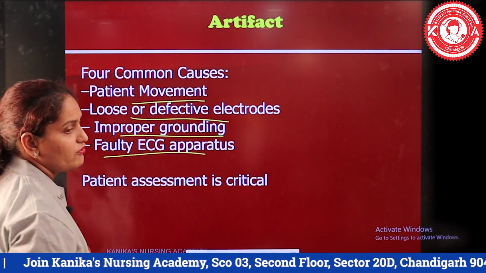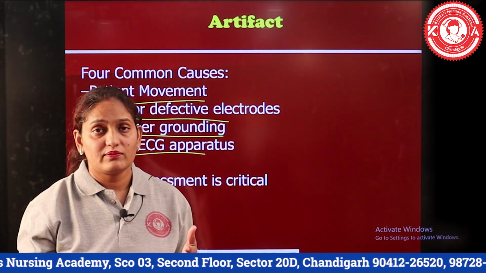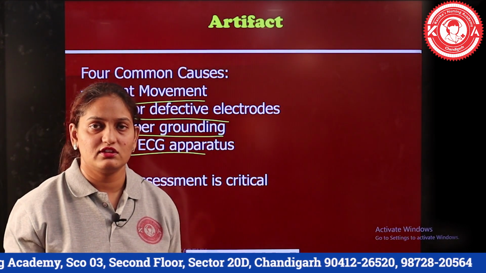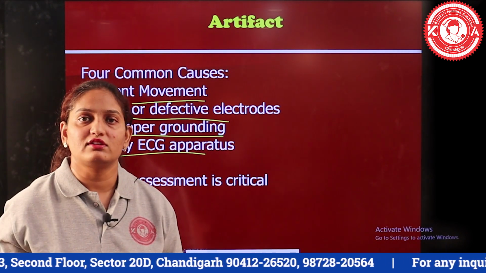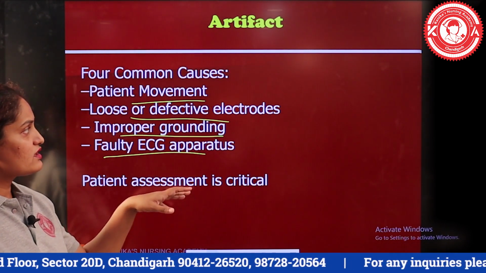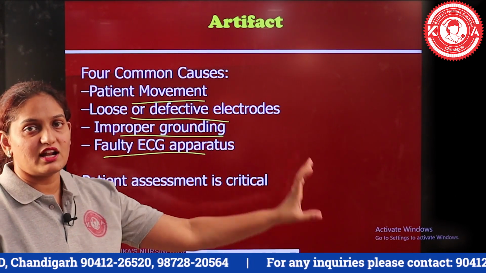And finally, suppose everything is working well: we have cleaned the area for getting the ECG, we have placed the electrodes properly, the grounding is proper, but the ECG device is not working. So these are the reasons why we obtain an abnormal type of ECG, that is an artifact.